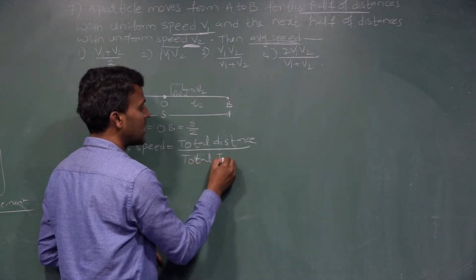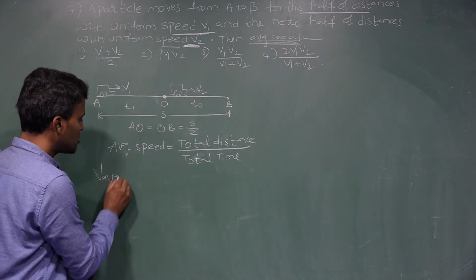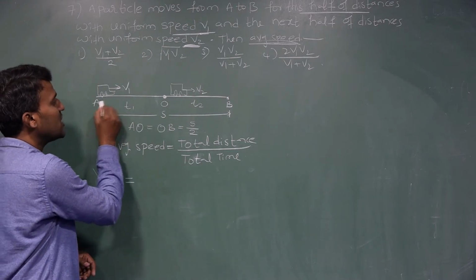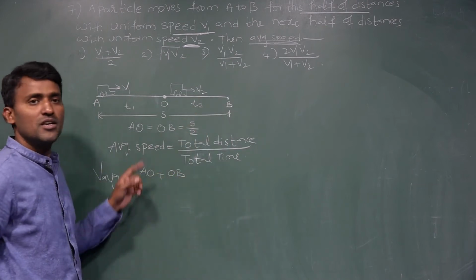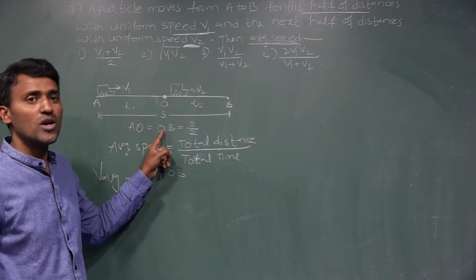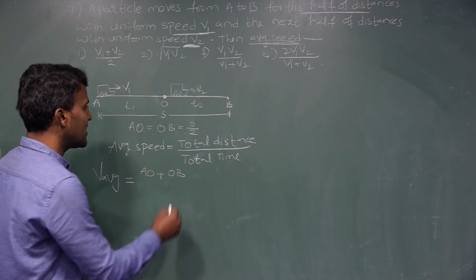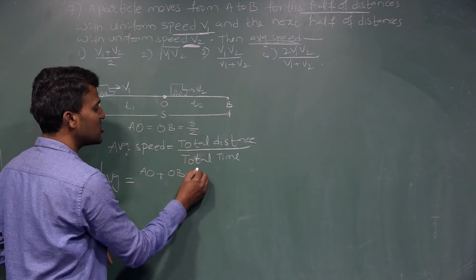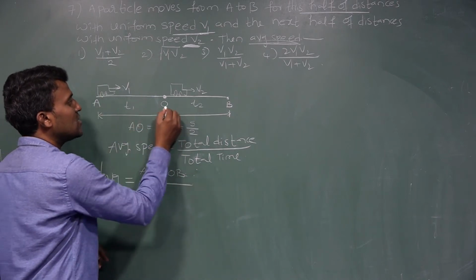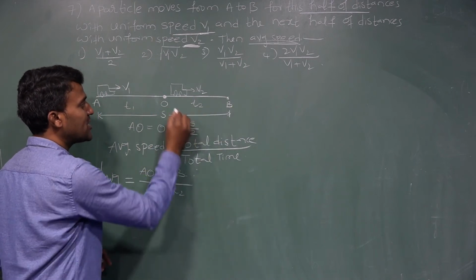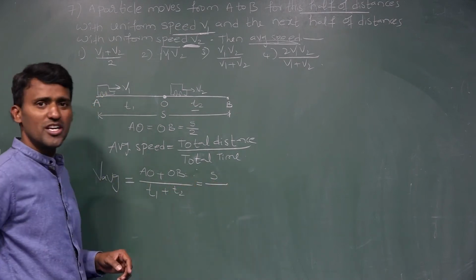The total distance is A to O plus O to B. Since AO is equal to OB, AO plus OB is equal to the AB distance. The time for A to O is T1 and for O to B is T2. So the total distance is equal to S.